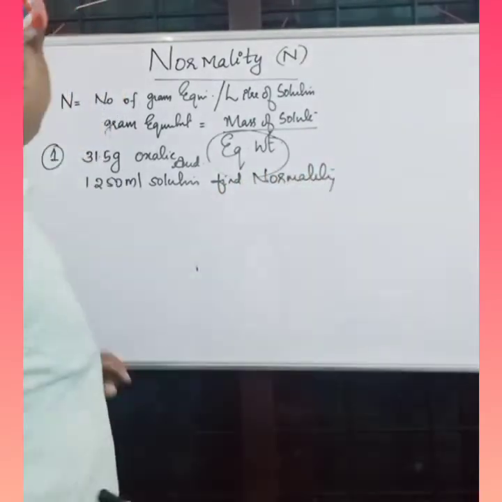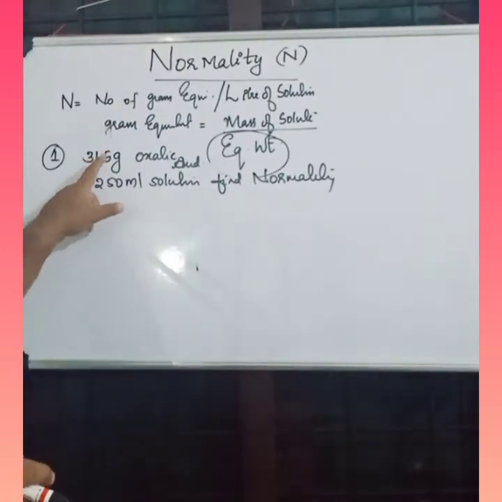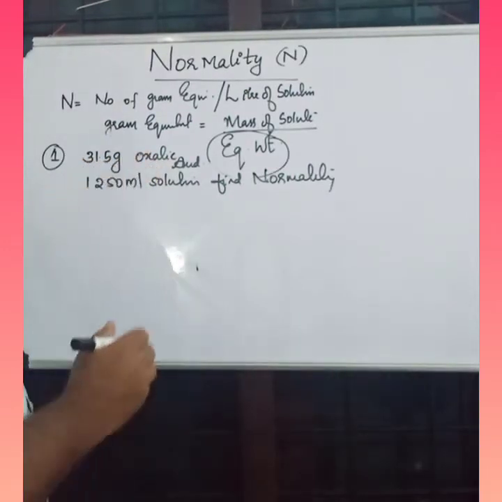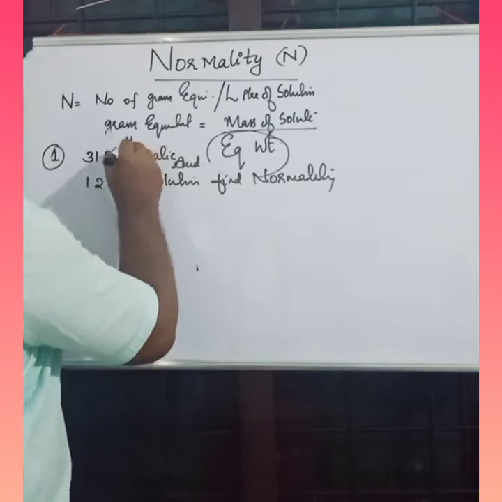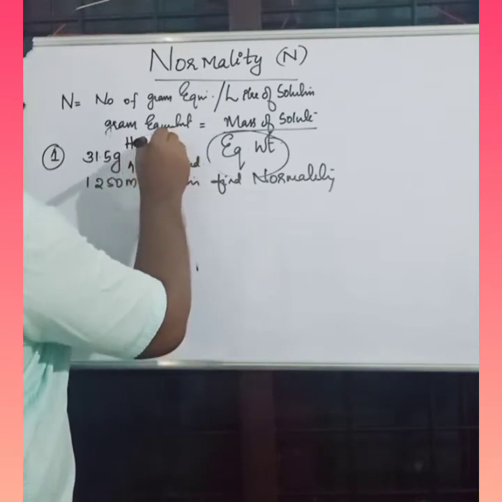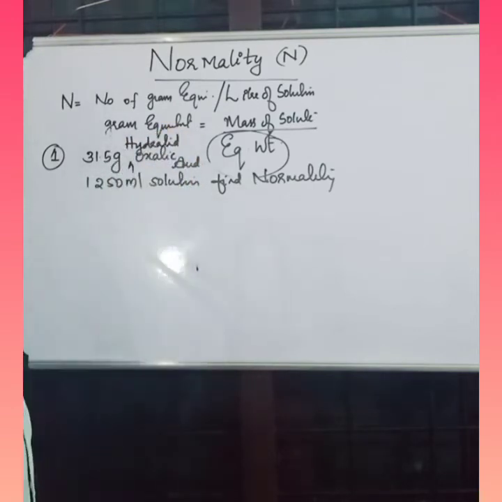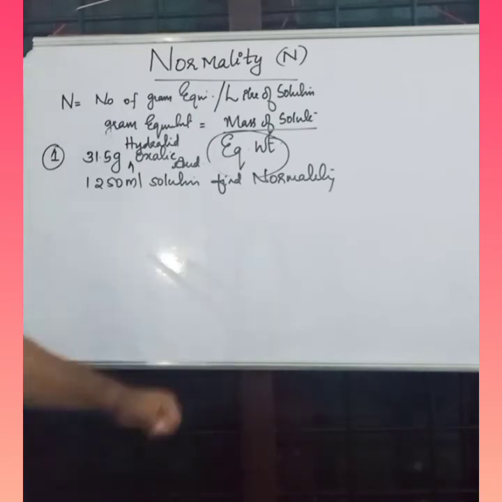See the question: 31.5 gram hydrated oxalic acid dissolved in 1250 ml of solution. What will be the normality of this solution?